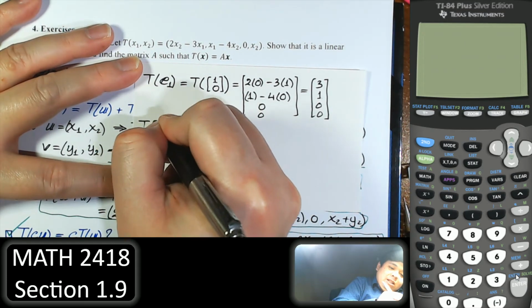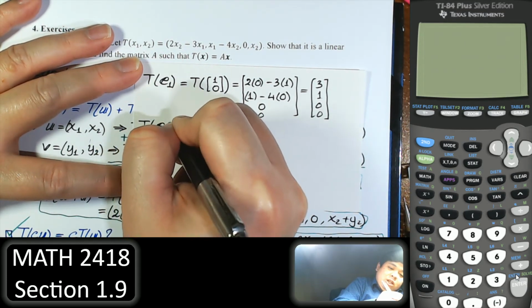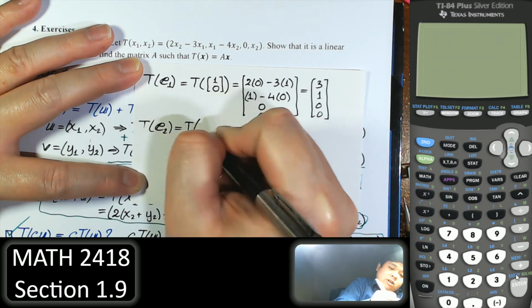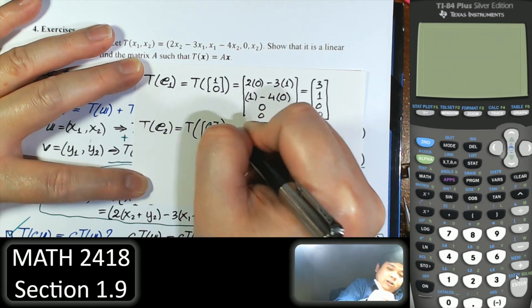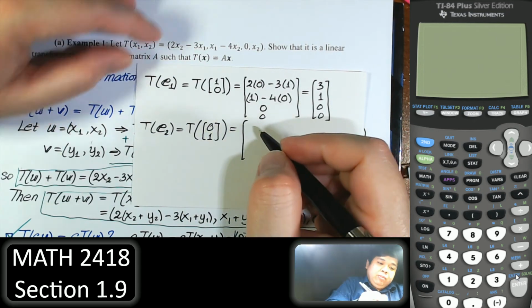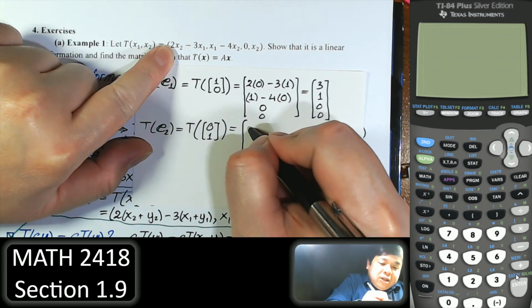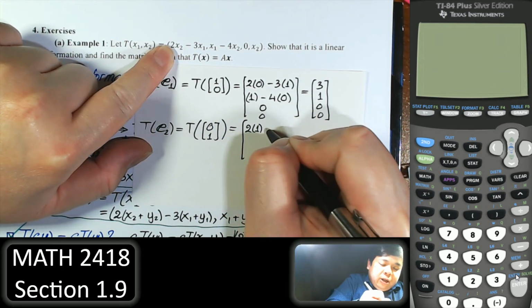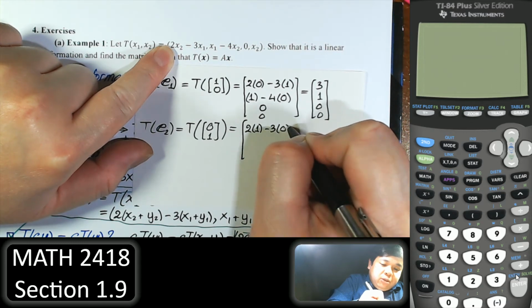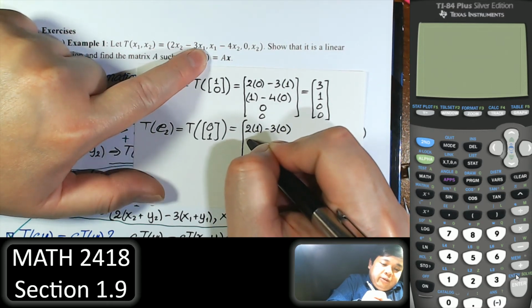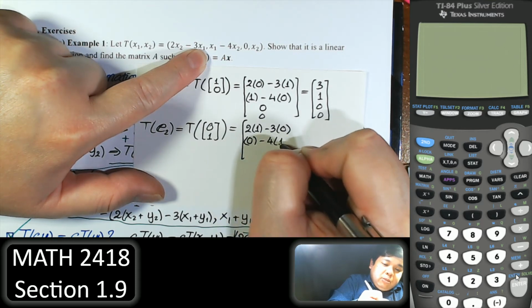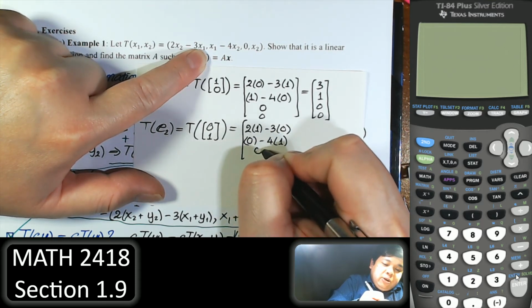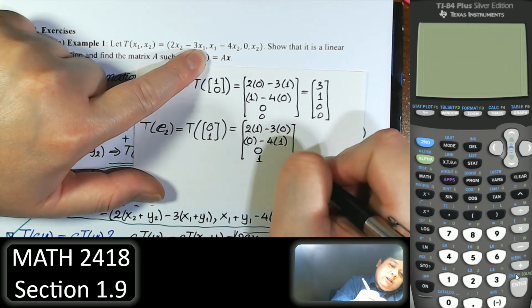Now, T applied to E2, which is the transformation applied to the vector 0 and 1. Right, now 2 times the second component, subtract 3 times the first component. The first component, subtract 4 times the second component, and then 0 and the second component.